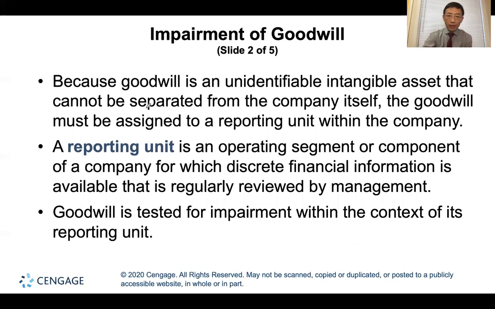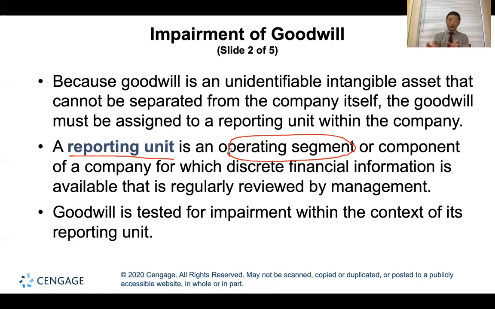Because goodwill is an unidentifiable intangible and has an indefinite useful life, we need to recognize impairment of goodwill. The method to recognize impairment of goodwill uses a reporting unit. A reporting unit is an operating unit or operating segment which is tightly related to the goodwill.